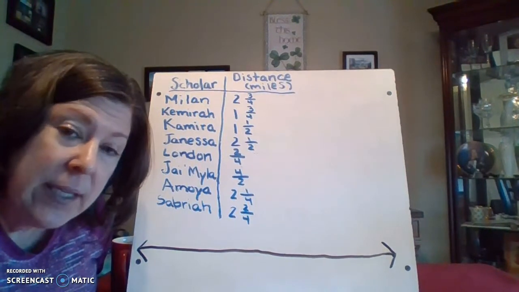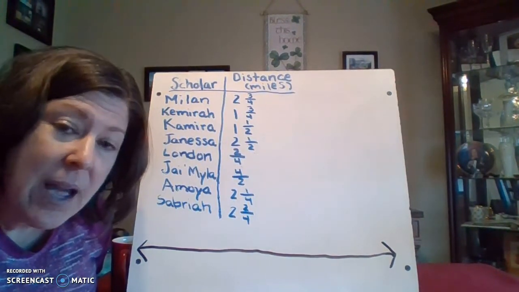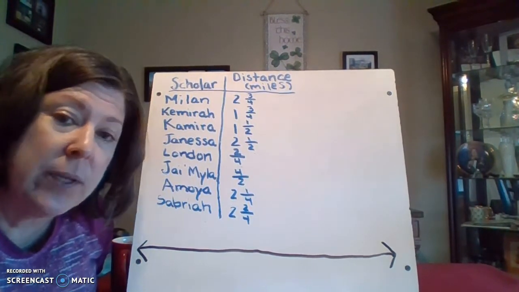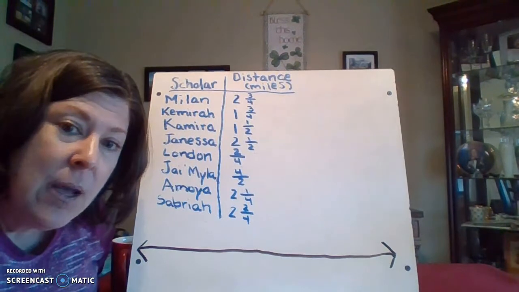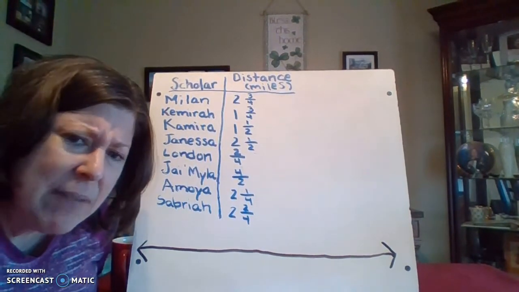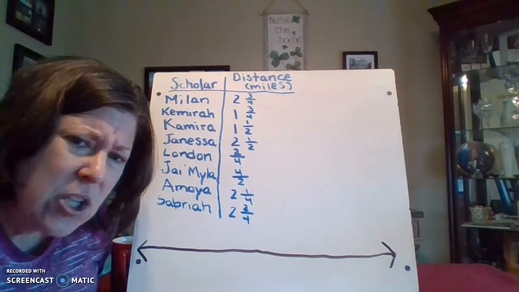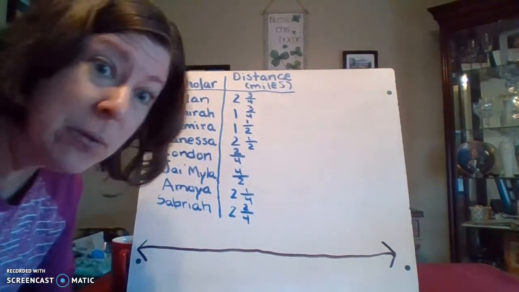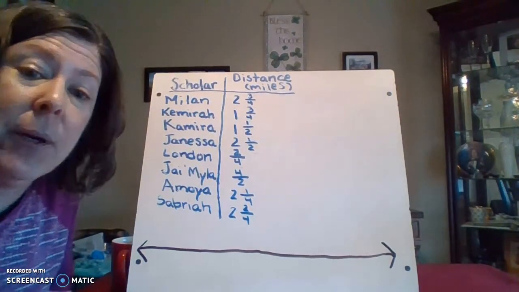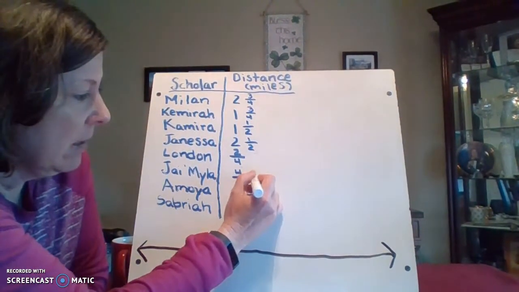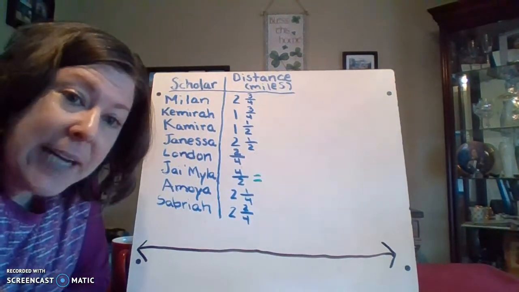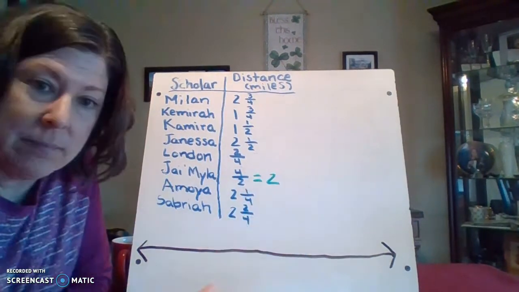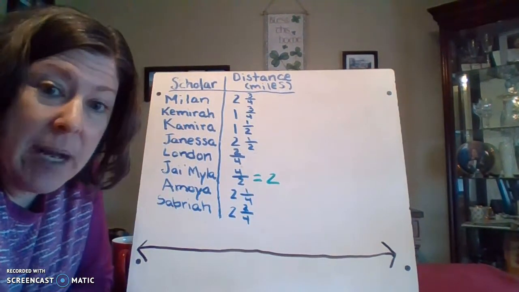I can clearly see that the highest value is 2 3/4. But I also notice that I have an improper fraction. Jamila ran 4 halves. So first, I'm going to rewrite that as a whole number. I know that 4 halves is the same as 2 wholes. So Jamila ran 2 miles.